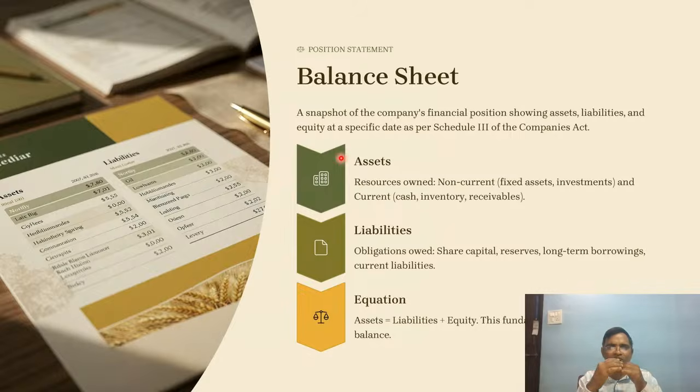Whereas the balance sheet has two sides. It tells about the financial position of the company. It has two things, assets and liabilities. Assets include non-current assets, that means fixed assets and investments, whereas current assets include cash, inventory, receivables, etc. Liabilities are about share capital, reserves, long term borrowing, current liabilities, etc. Then the equation: assets equal liabilities plus equity.